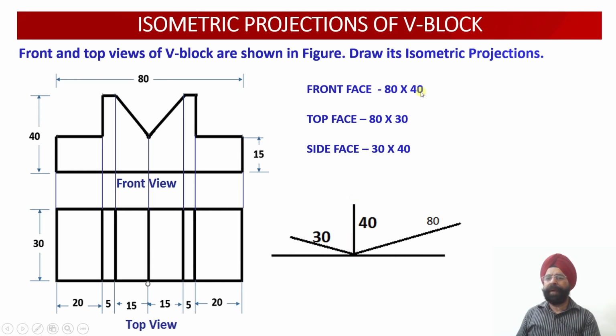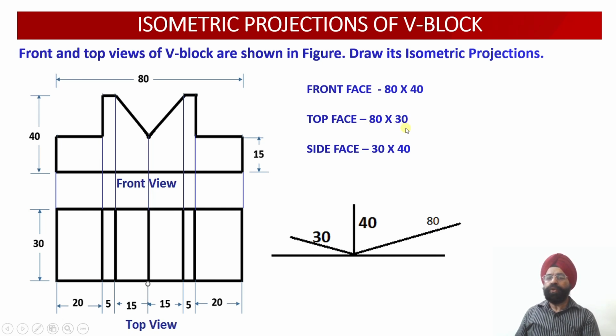So this is 80 by 40. Similarly, the top face: this is the length of the solid, which is equal to 80 millimeter, and this is the width of the solid, which will be 30 millimeter, right? So the top face rectangle which will be shown onto this isometric projection should be 80 millimeter by 30 millimeter.